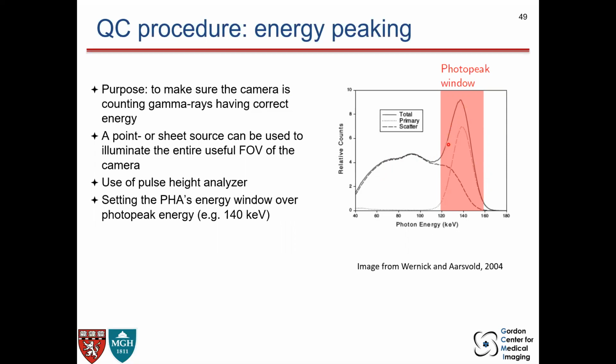There are cases where you will see double peaks or a much broadened photo peak, and that means, for example, that one or a couple of the detector modules are not performing well, or the photomultiplier tube is out of tune for any reason, or there is a crystal that is almost decoupled from a photomultiplier tube, and that means not enough optical photons are being collected.